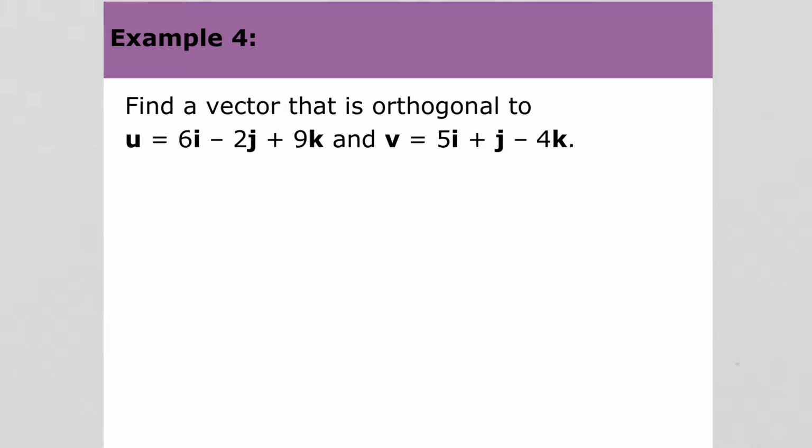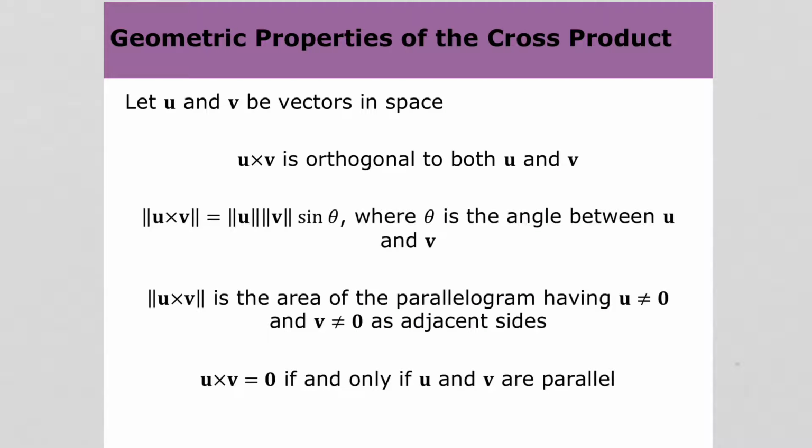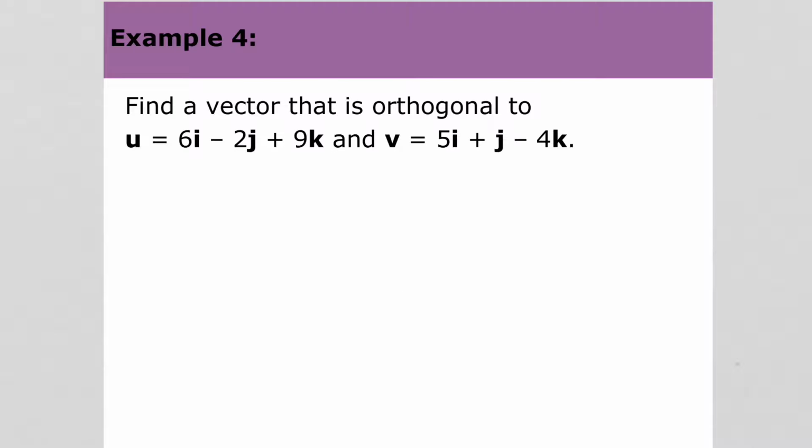So example 4 asks us to find a vector that is orthogonal to u and v. So if we look back here, if we find the cross product of u and v, then we're finding the vector that is orthogonal to u and v.